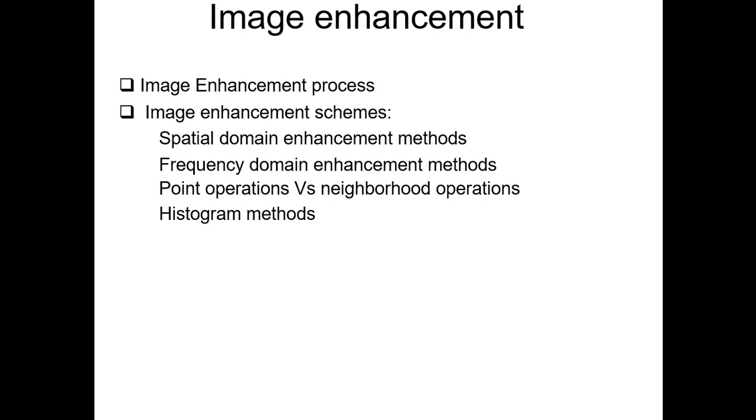So this is an indirect method of image enhancement where we are manipulating the spectral components of the image, and after this manipulation we can come back to the spatial domain by inverse Fourier transformation.